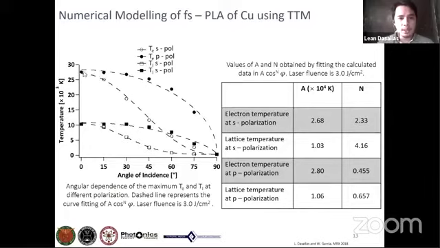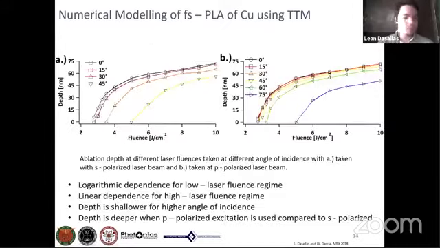The one with p-polarized light is shaped like this, but with s-polarized light is shaped like this. The fitting factors, such as the amplitude and the power of the cosine, are given in the table.